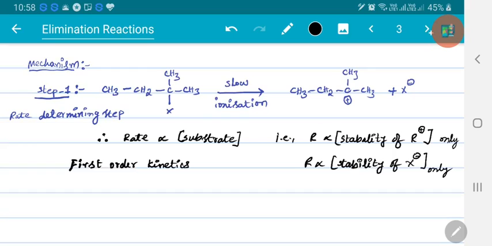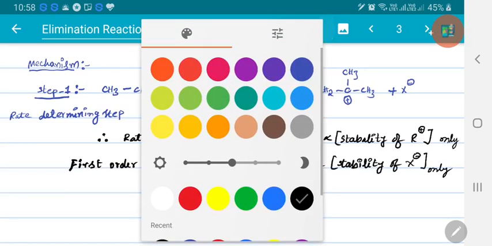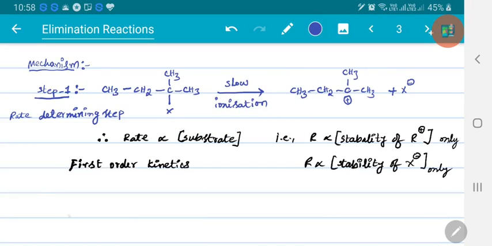Similar to SN1 reactions, they also occur readily in the presence of polar solvents. So here, in the presence of polar protic solvents such as H2O, methanol, ethyl alcohol, etc., the products obtained become more stable.